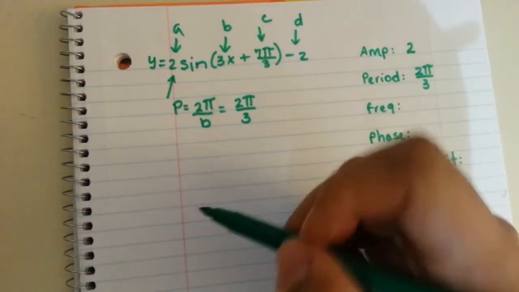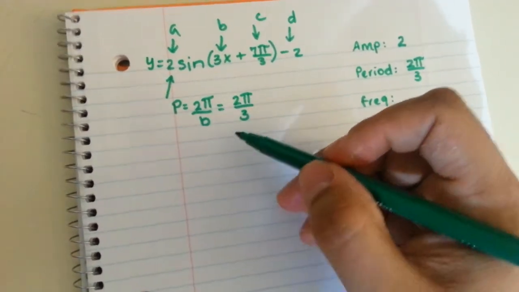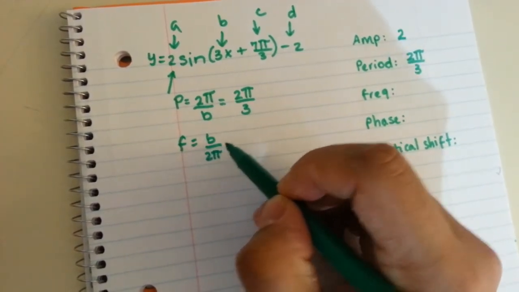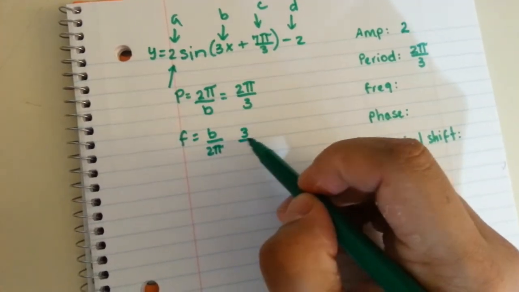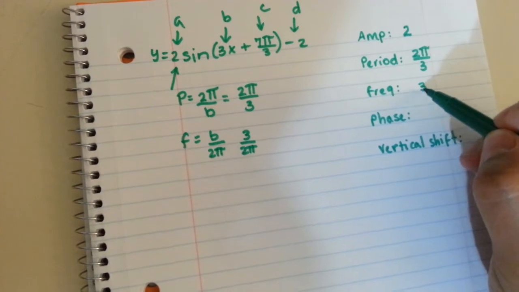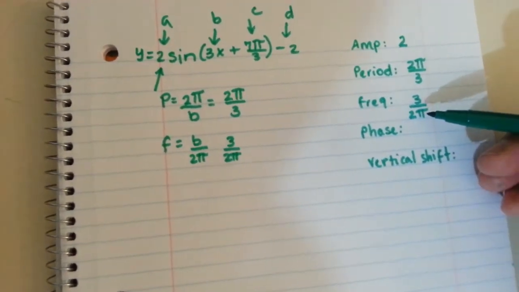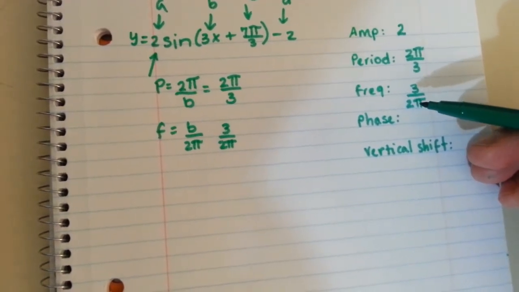The frequency is 1 over this number, or B over 2 pi. That's easier in this problem. So you just have to say, what is B? B is 3. What is 2? 2 pi, and you just put 2 pi. 3 over 2 pi. Notice the location of the pi. The pi is in the denominator when it comes to the frequency, because the 2 pi is in the bottom.